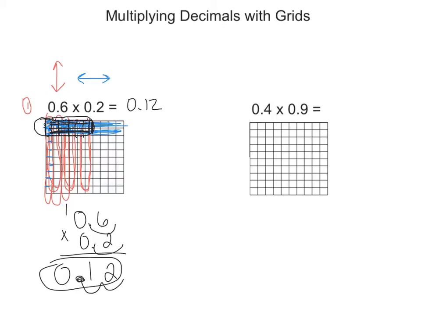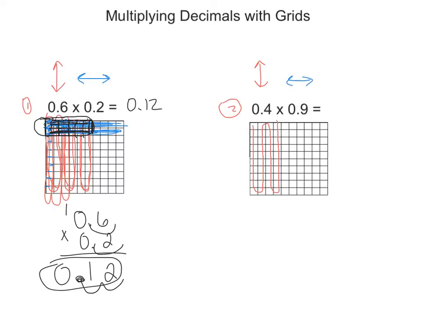Let's try another model. So in our second example, we have 4/10 times 9/10. And once again, I'm going to start by modeling 4/10 up and down. So 1 row of 10th, 2/10, 3/10, 4/10. So my first number has been represented on the grid. Now I need to model 9/10, and I'm going to do this one side to side.